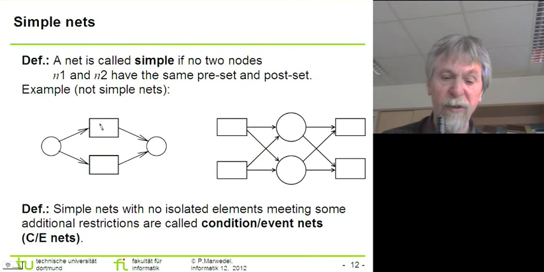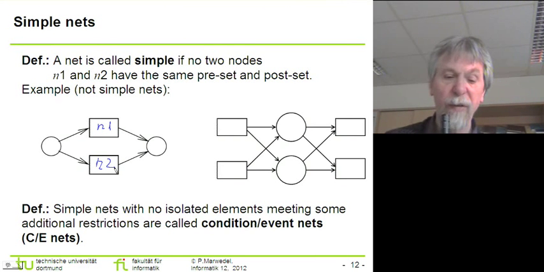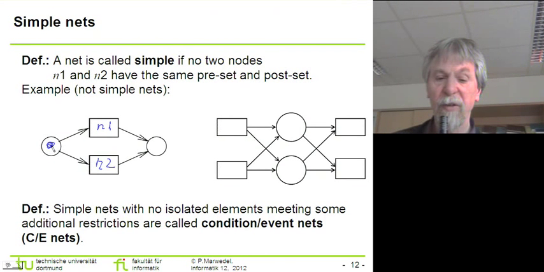On the left, we see an example where we have for N1 and N2 exactly the same pre and post sets. Now, including such a situation in a net does not make too much sense, because whenever these preconditions are met, one of the two events can take place. We have to consider both possibilities.